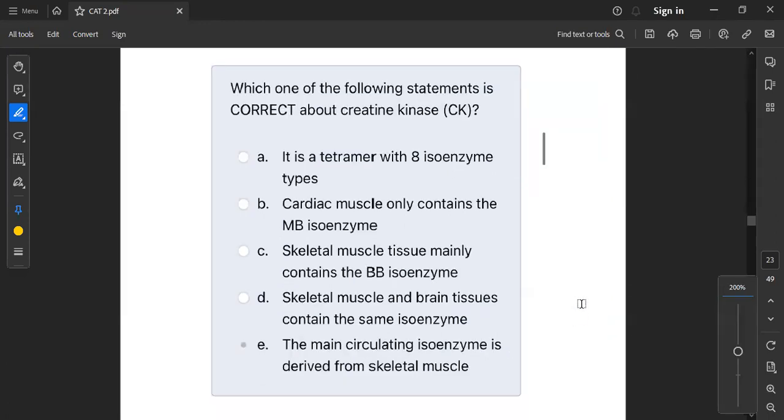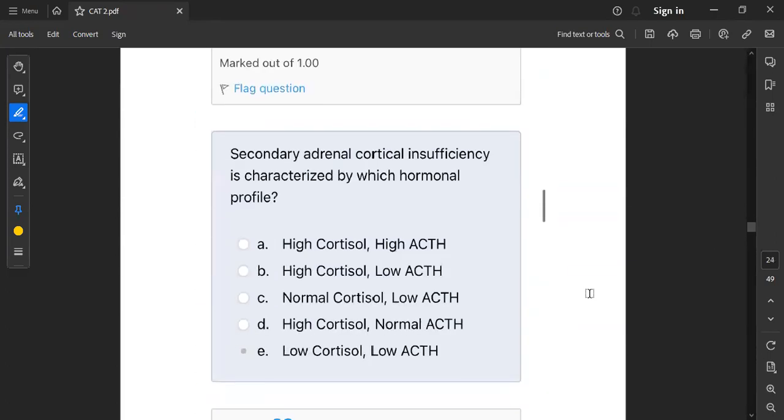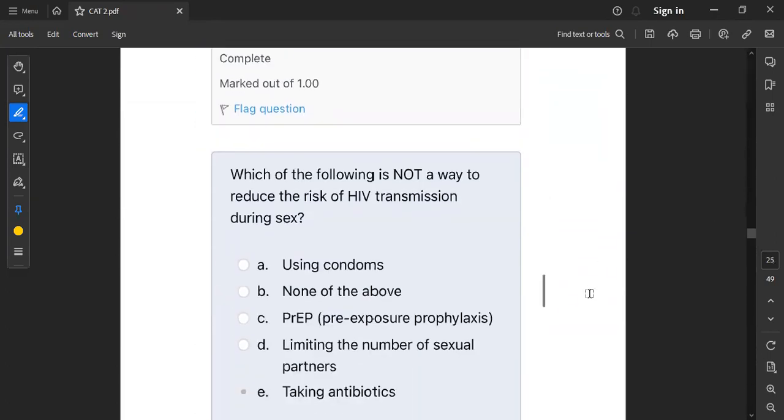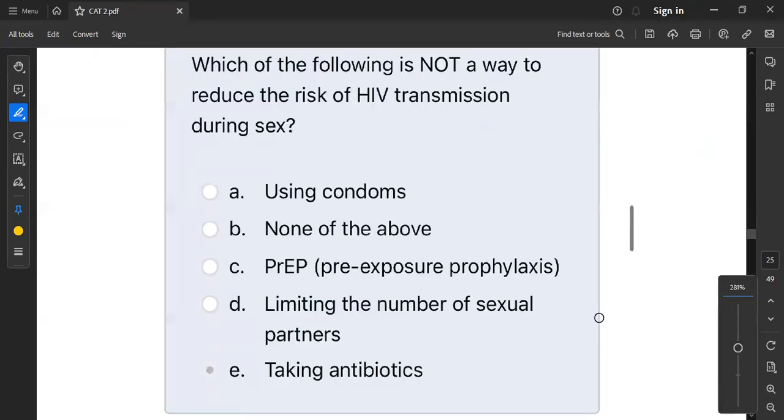I think that's clinical chemistry. So we can move to 28. Which of the following is not a way to reduce the risk of HIV transmission during sex? What do we think? Yes, taking antibiotics.